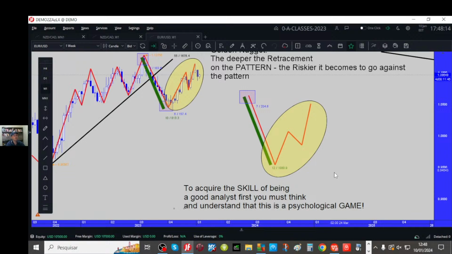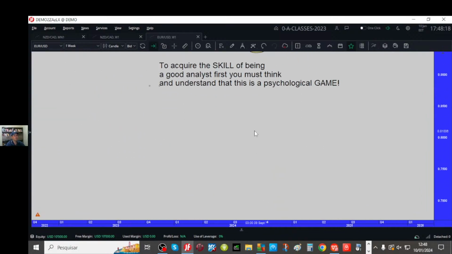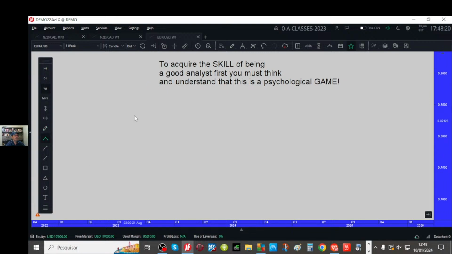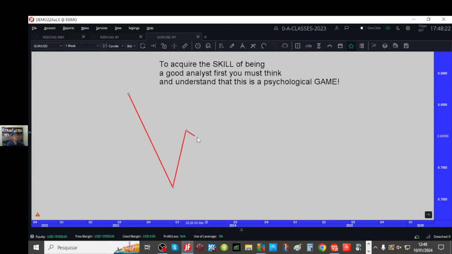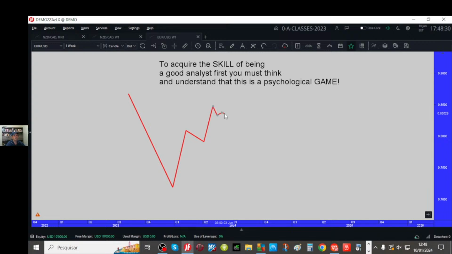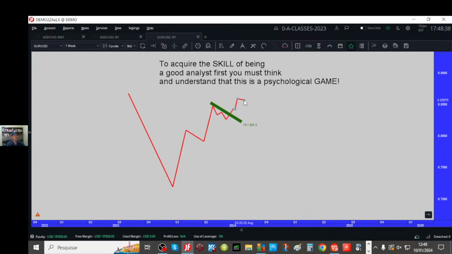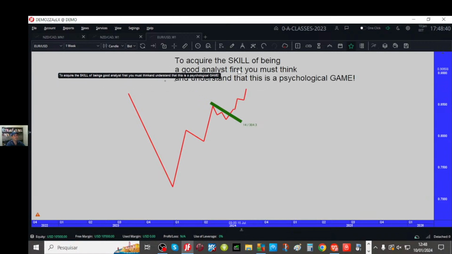We have Euro Dollar in here, and the market is positioned like this right now, okay? Some of you are not going to listen. You are going to buy the counter trend line breaking here, alright, and just maybe you are going to win.